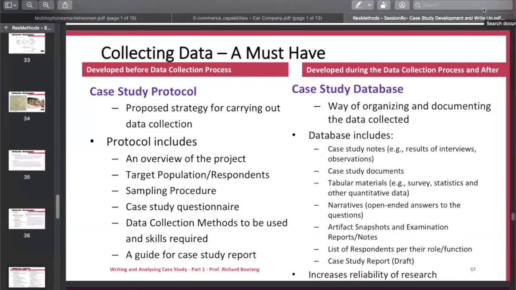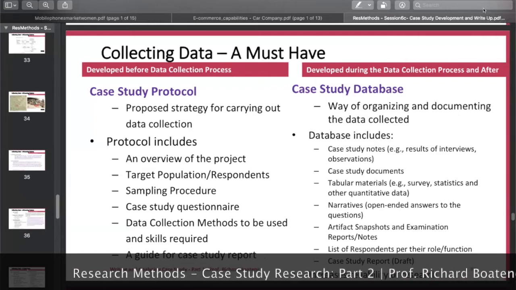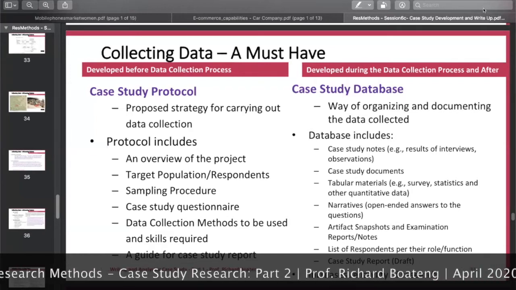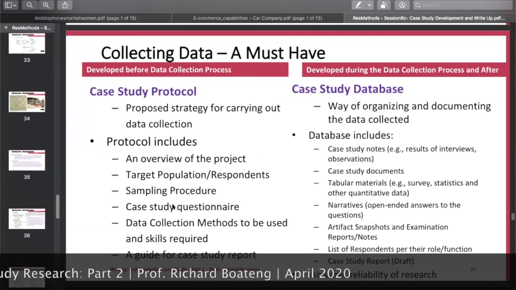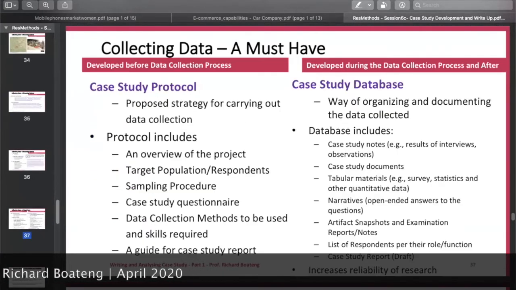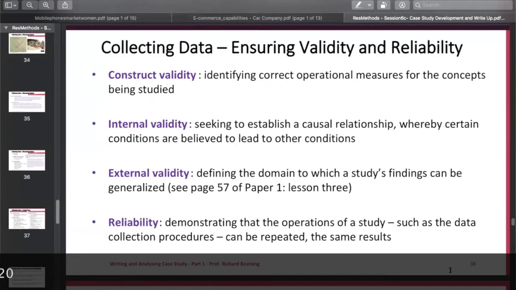The last time that we met, we were discussing case study development, and we discussed how to structure a case. We also talked about what a case study is, and what the key components in a case study are. By the end of the session, we had to discuss collecting data and ensuring reliability.